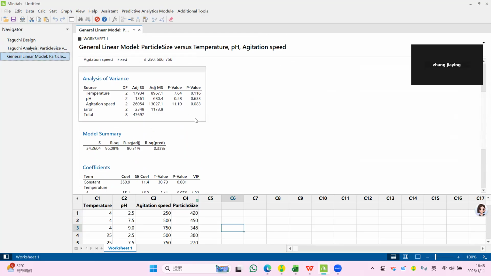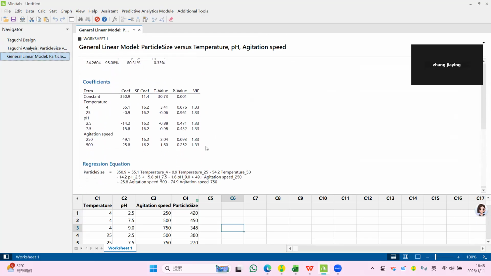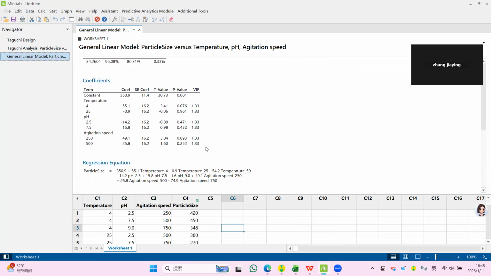The resulting ANOVA table showed agitation speed F value is 11, pH is 58, temperature is 7.64, and this is numerically identical to the paper's ANOVA table, confirming that agitation speed is the most significant factor, followed by temperature, where pH has little effect.